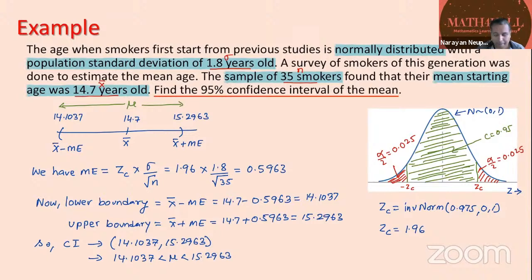Or one other way of writing the confidence interval is what we have done is to this 14.7, we have added and subtracted the margin of error. And margin of error is 0.5963. So that is the other way of writing. So there are three different ways of writing the confidence interval.